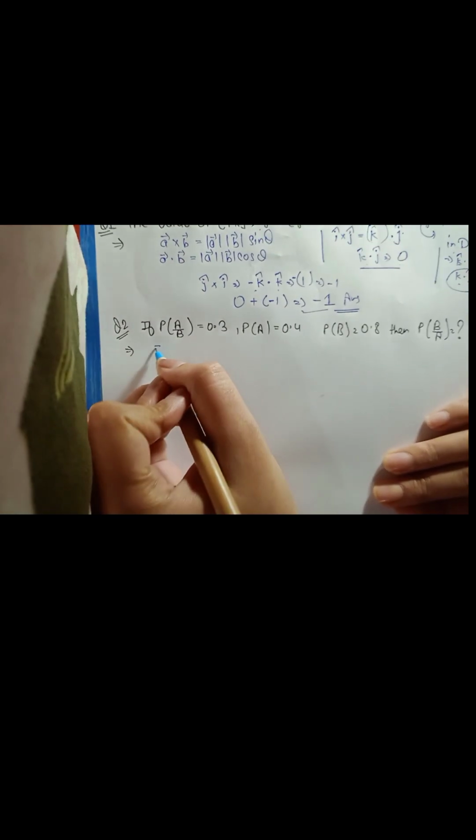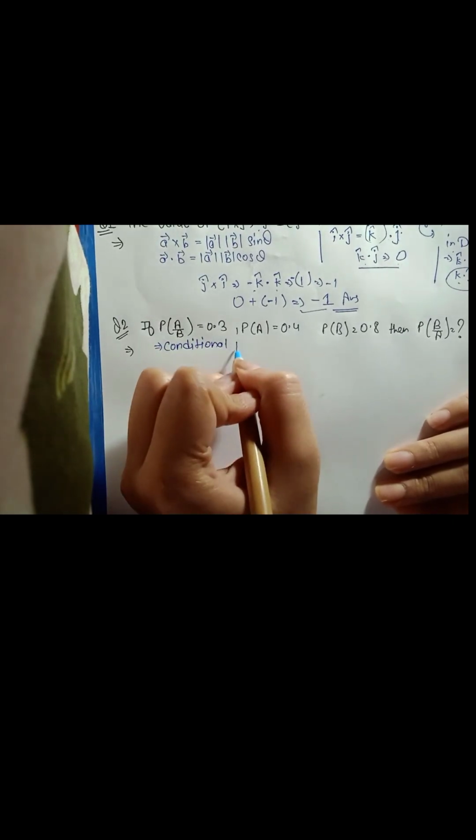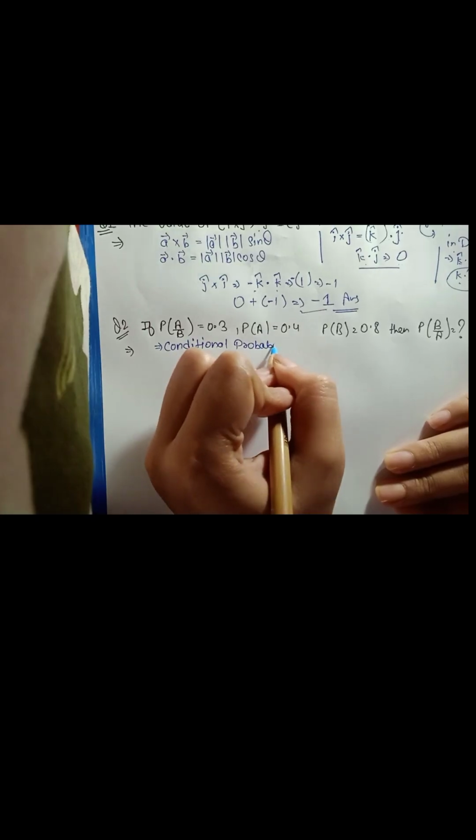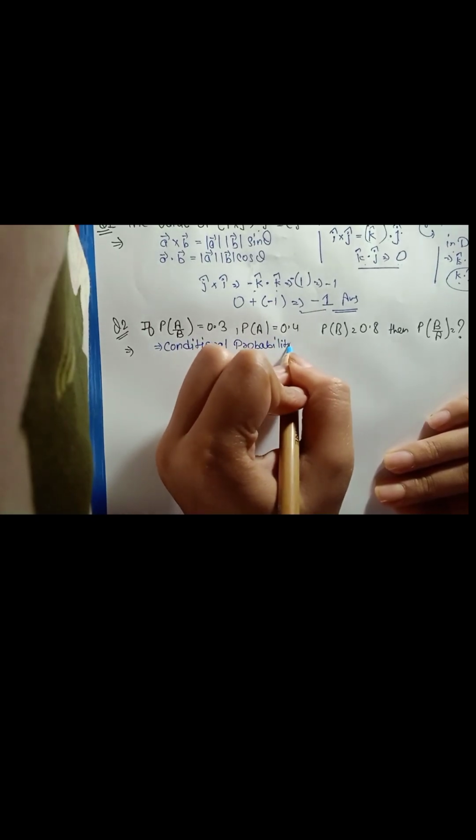So this is the next question. If P(A given B) is 0.3, probability of A is 0.4, and probability of B is 0.8, then find the value of P(B given A).